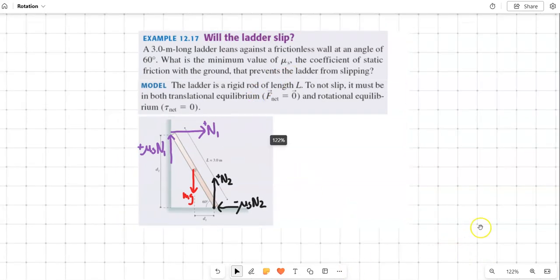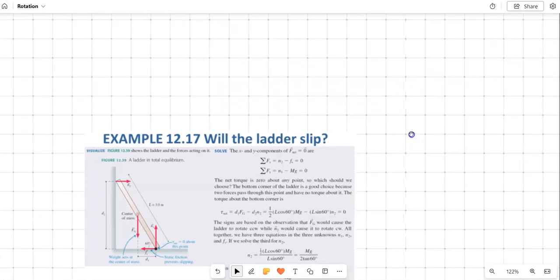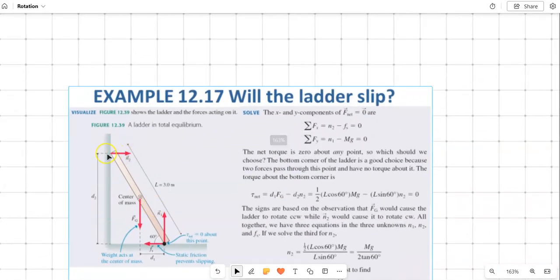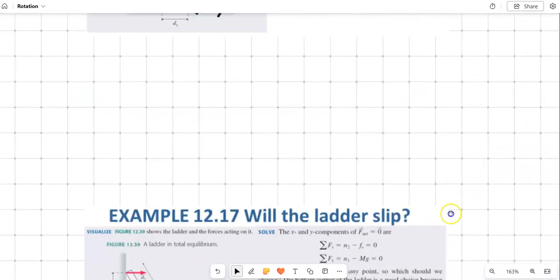So in this problem, here's their little force diagram. They don't really care about the static friction force that was holding this up, even though I'm convinced there should be a static friction force up. They're basically saying this is the only static friction force keeping it in place. So what they do is they do a mini force diagram.